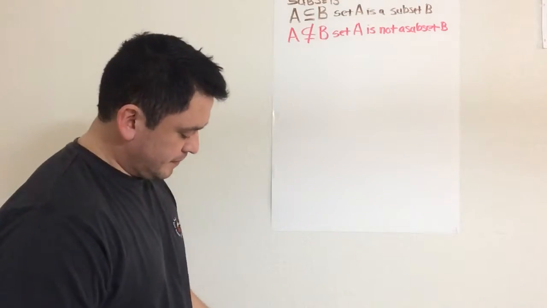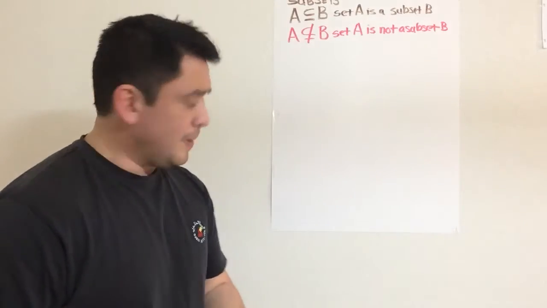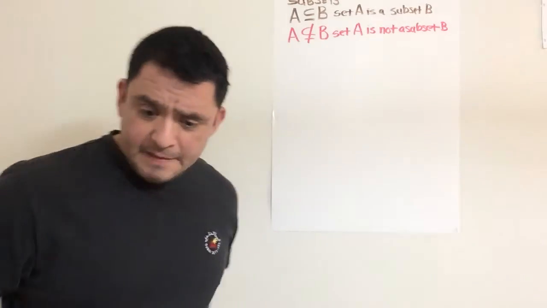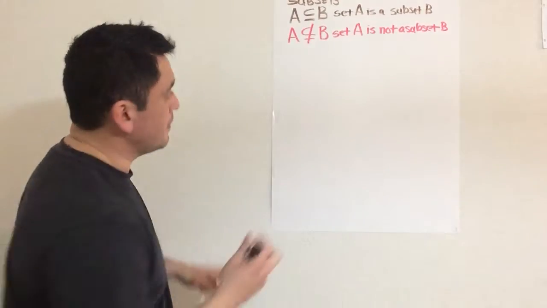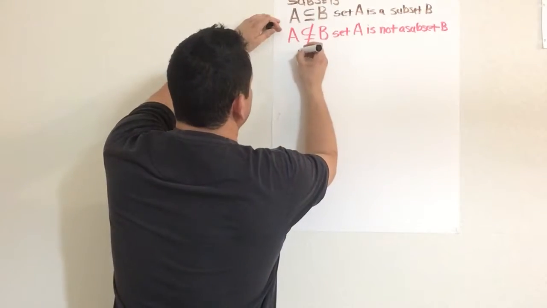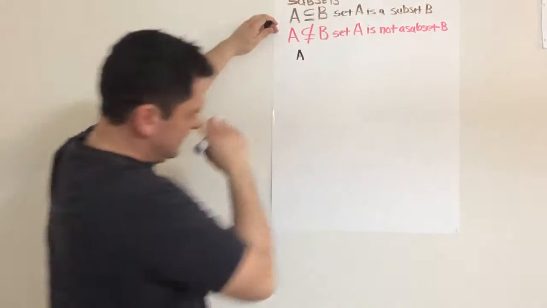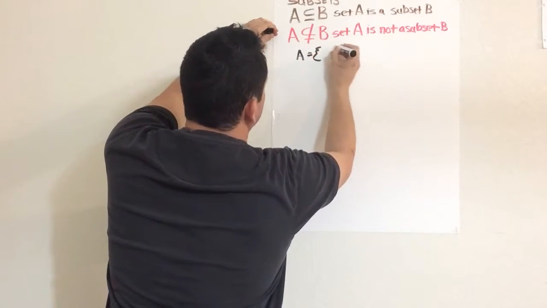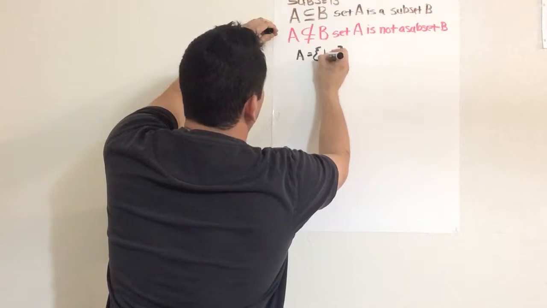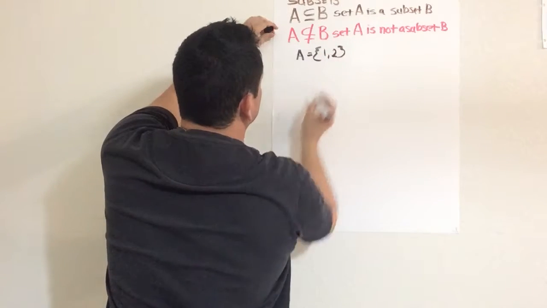Now, let's write some more expressions here so you can see what I'm talking about with the pots. Let me use my black marker. Set A equals, this is the set, 1 and 2.